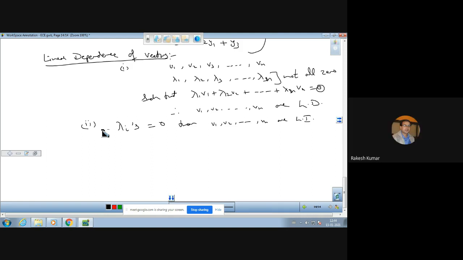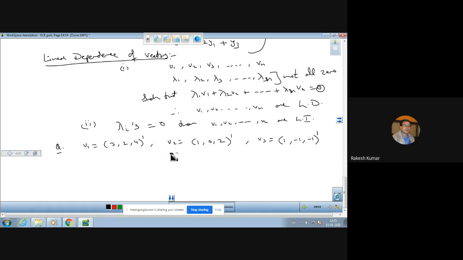the question will be, determine whether the vectors, this is the question we have, suppose first vector is 3, 2, 4 transpose, the second vector is 1, 0, 2 transpose, and the third vector is 1, -1, -1 transpose.